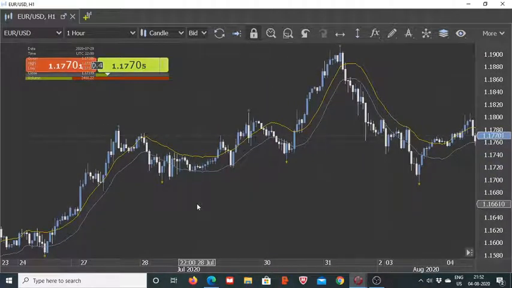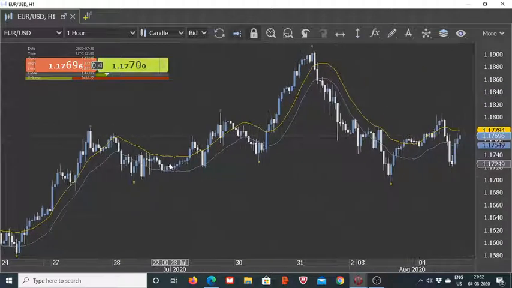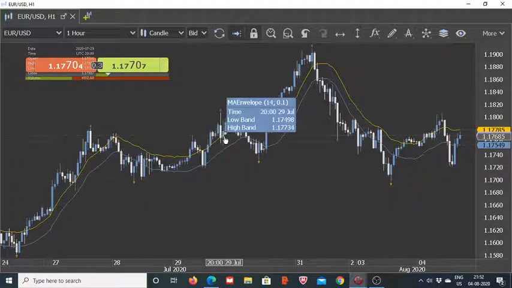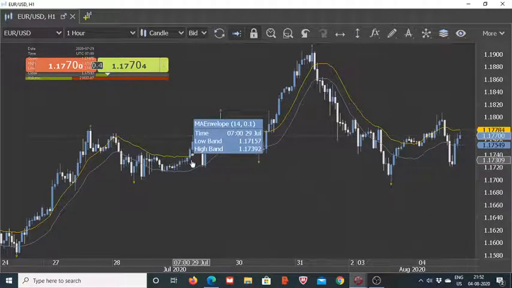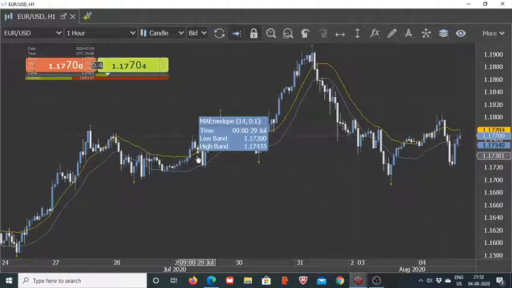So here I will give you an example. Suppose we simply use the moving average, then the moving average will be passing somewhere in between the price zone, and here in the moving average envelope we get this band defined.